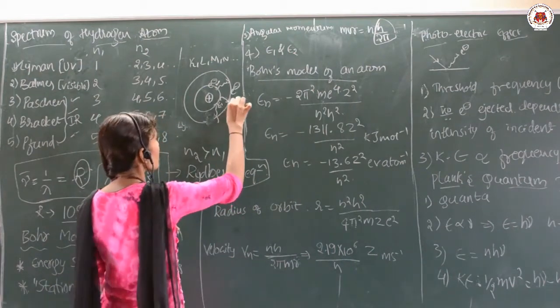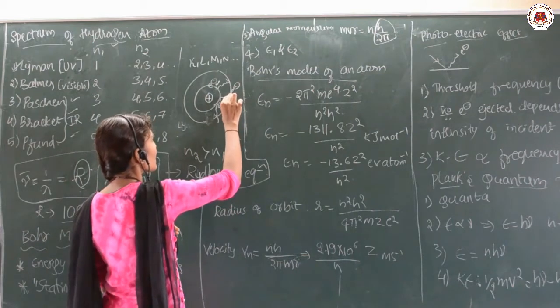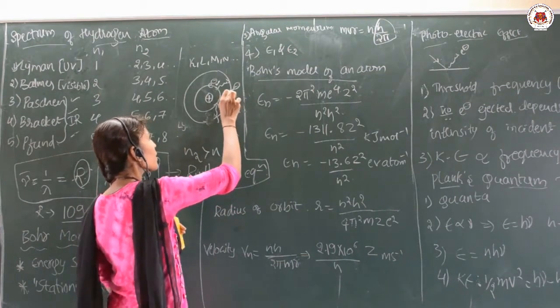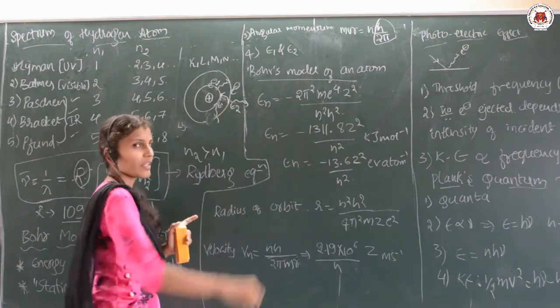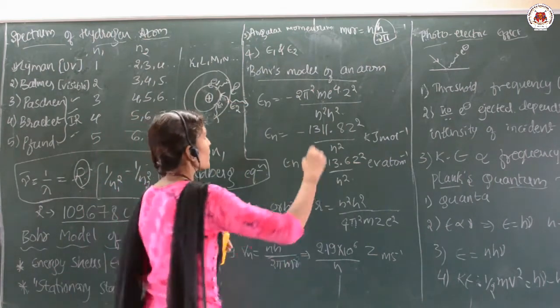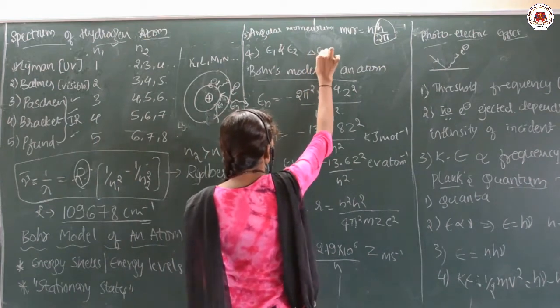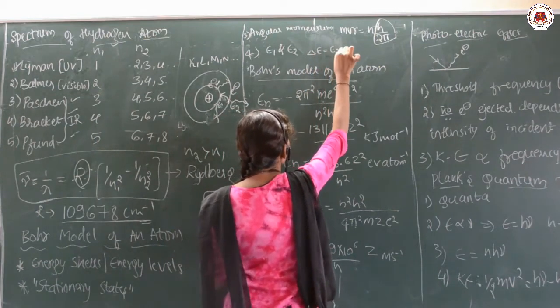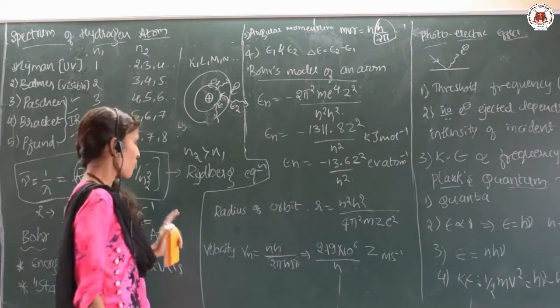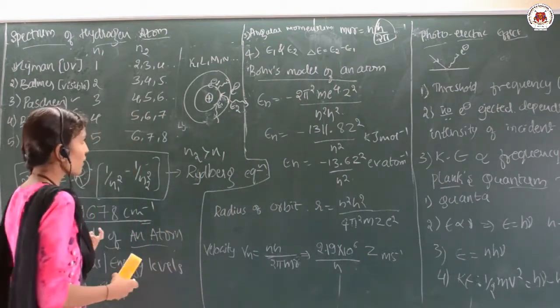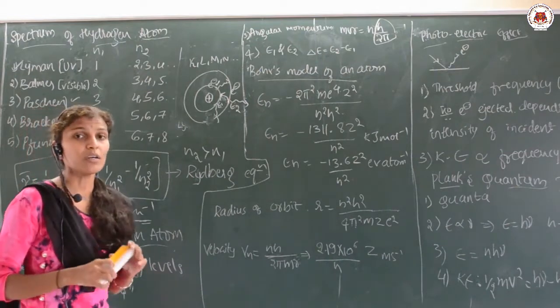Suppose this electron is at E2, the higher energy level, and it is jumping to E1, the lower energy level. It will emit energy. This energy difference is given by delta E equals E2 minus E1. Clear? So this is how we can state the postulates of Bohr's atomic model.